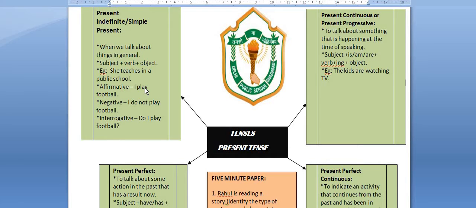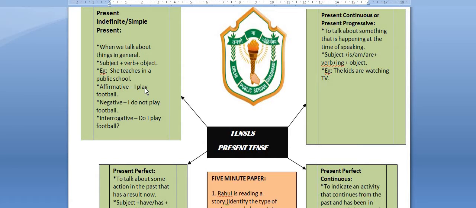Now, an affirmative sentence means a positive sentence. Making simple statements is called an affirmative sentence. Like if we take the example, I play football.